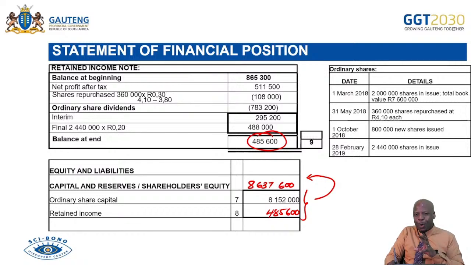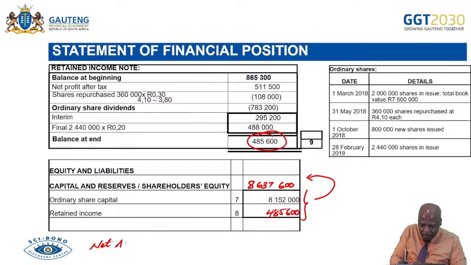When you are here, which financial indicator comes to your mind? Net asset value per share. What is the formula?